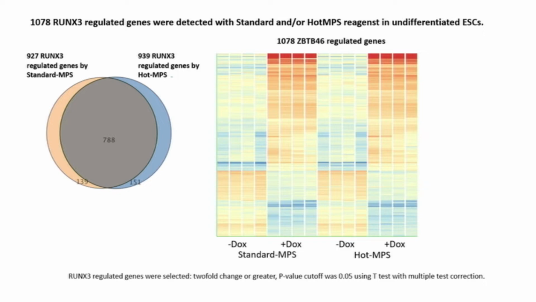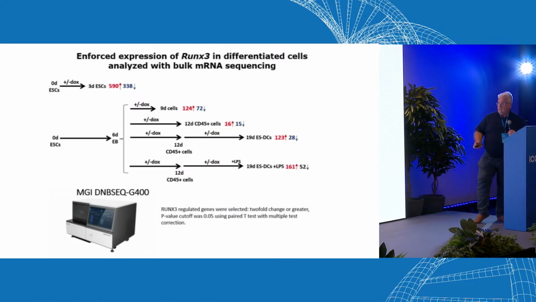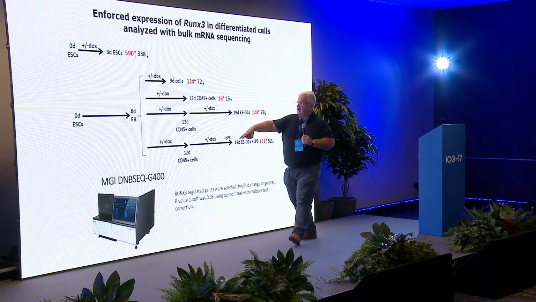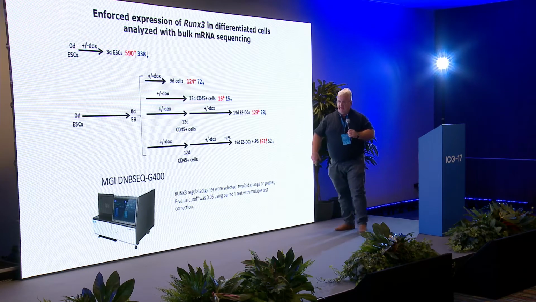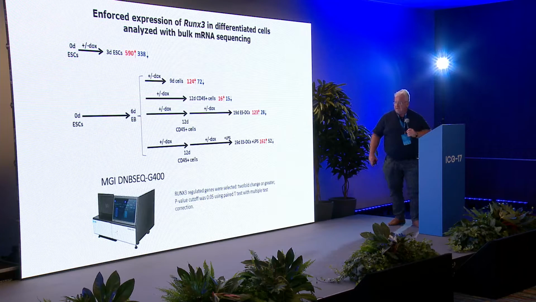So until now, I just talked about the undifferentiated cells. We also tried to differentiate the embryonic stem cells and to analyze the effect of the Runx3 overexpression. So we generated embryoid bodies for 6 days, and the embryoid bodies were disaggregated and further cultured for various times. And half of the samples were treated with doxycycline to induce the Runx3.